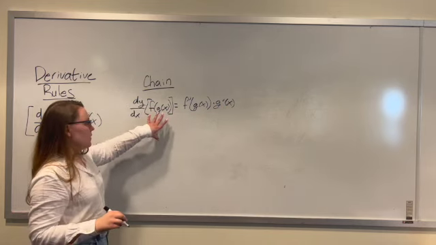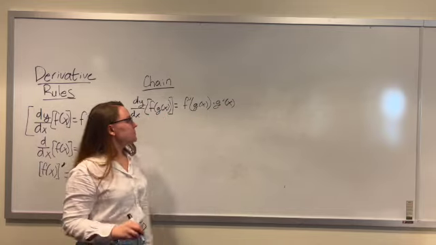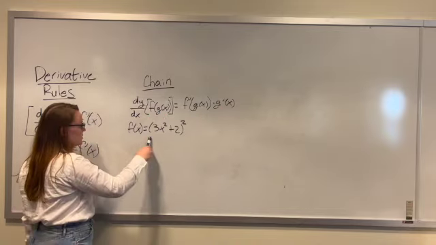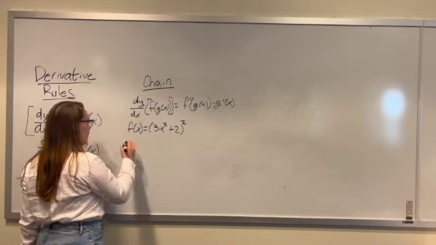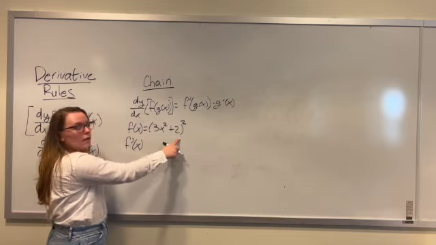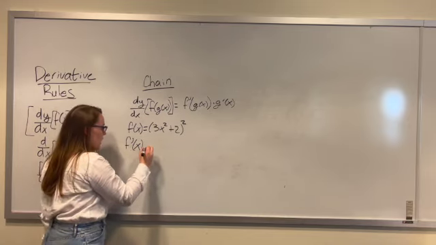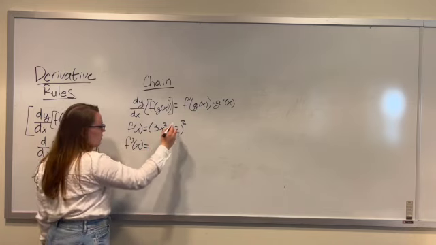So you take the derivative of the outside times the derivative of the inside. So say we are given the function f of x is equal to 3x squared plus 2, quantity squared. The way to do this is we want to find the derivative. So we're going to take the derivative of the outside and treat the inside like x. We leave the inside the same. So we have a 2 out there.